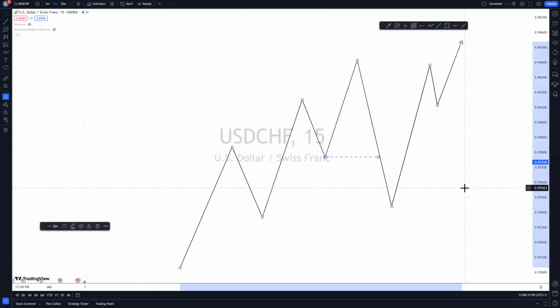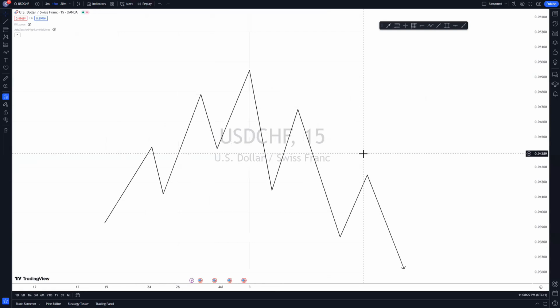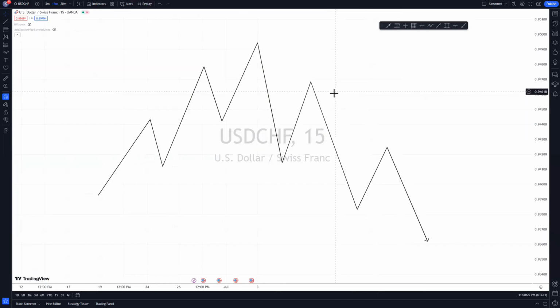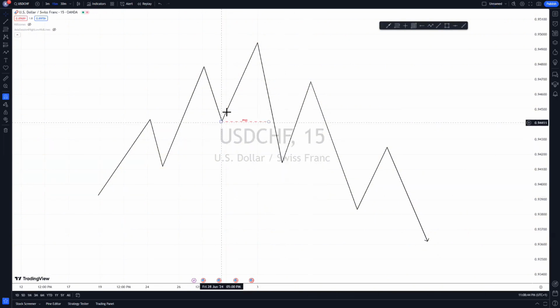Now I talked about conservative and aggressive market execution styles. An aggressive trader will not wait for a 100% confirmation. Basically, if you have a market structure shift over here, yes, it is a market structure shift, but it is not 100% confirmed that price is going to go bearish after this market structure shift.